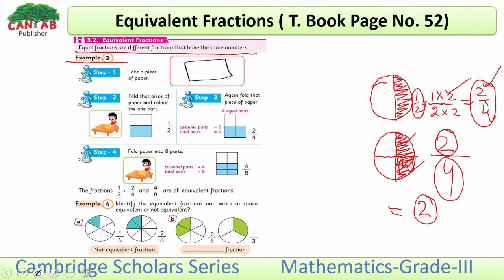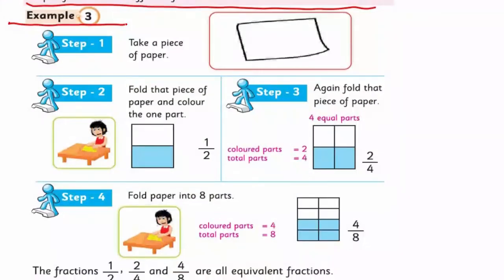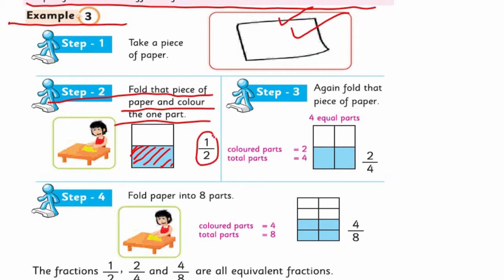Similarly, you can see in example number 3. Look here. Take a paper, blank paper or piece of paper. Fold it into 2 parts as you can, like this. Fold that piece of paper and color the one part. So it will be this one, like this circle. So this is 1 over 2.